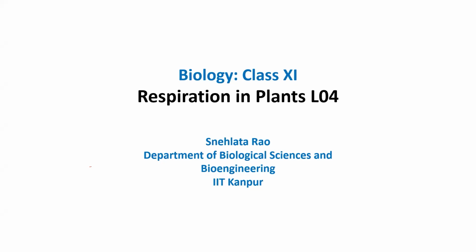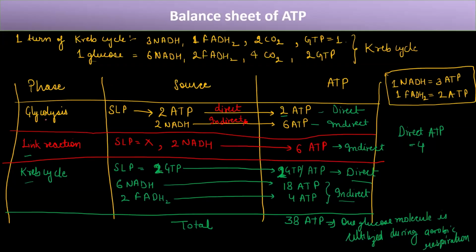But we saw that this was the balance sheet till here: in glycolysis, the direct ATP production was only 2, while in the case of Krebs cycle as well, the direct ATP production was 2. So in total, till now, we have seen that there are 4 ATP produced.